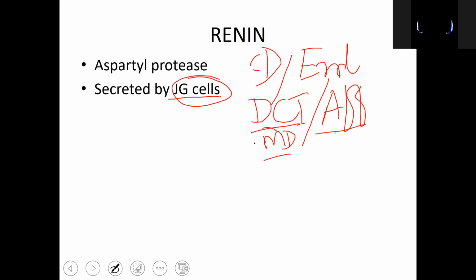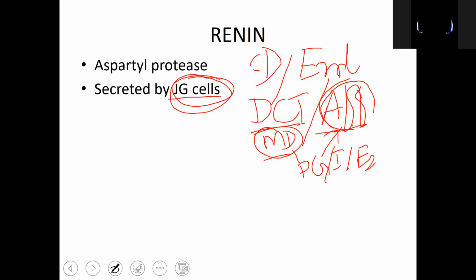And the macula densa usually senses low sodium or low pressure in the afferent arteriole, and it releases prostaglandins, particularly prostaglandin I2 and E2, and that stimulates these afferent arteriolar cells, that is JG cells, to secrete renin.